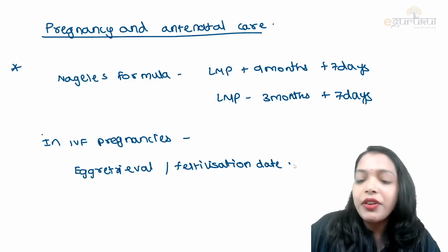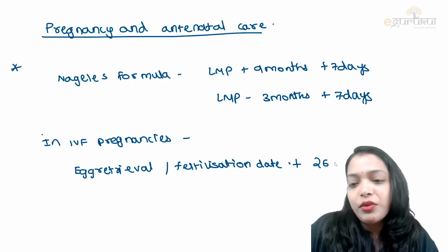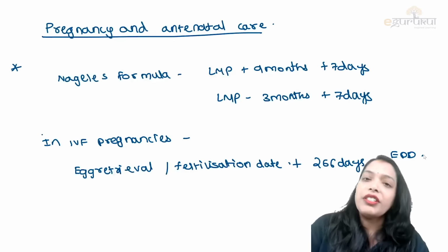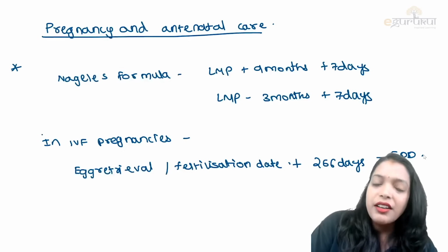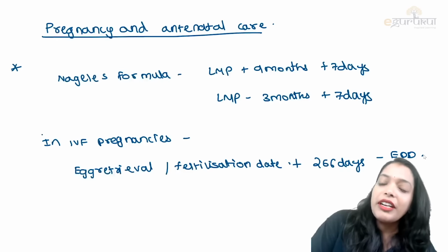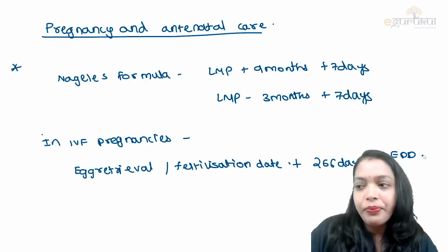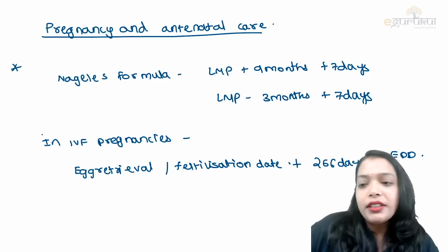So from then you have to add 266 days to get the expected date of delivery. Whichever day the egg is retrieved or whichever day the fertilization is done for the woman, from that day you add 266 days to get the expected date of delivery.